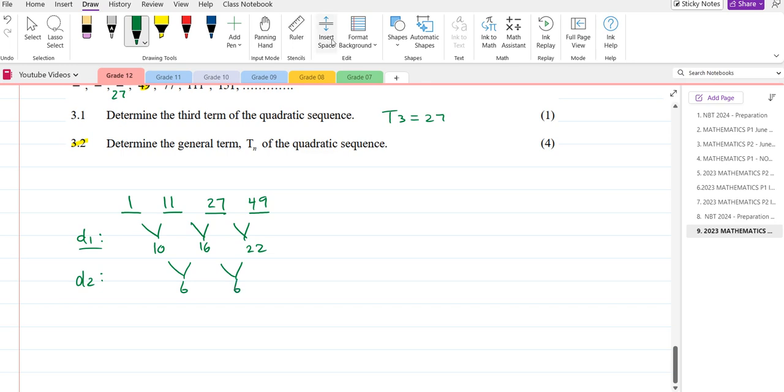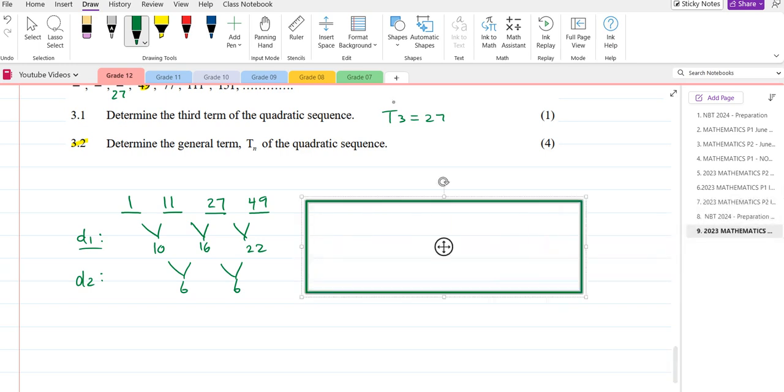Now what are the formulas we use to solve this? We use three formulas. So let me write it here. 2a is equal to d2. So d2 is that first value; we only take that one.